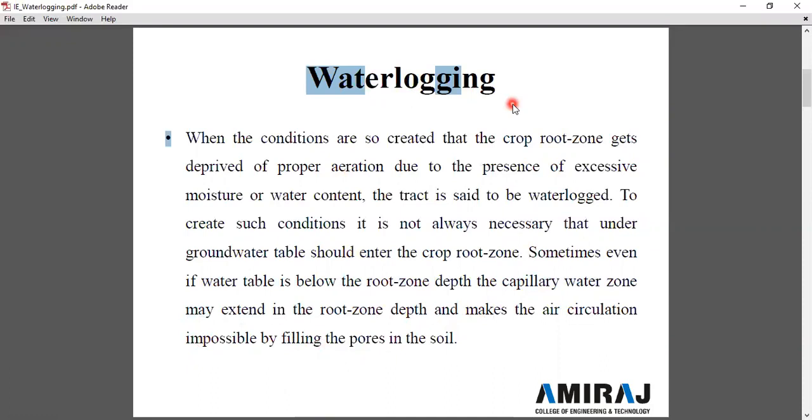But sometimes excessive irrigation and improper cultivation before sowing and after harvesting wash out the particles, leaving different types of pores. Water and moisture get fixed in those pores and make air circulation impossible, so the waterlogging effect is caused.